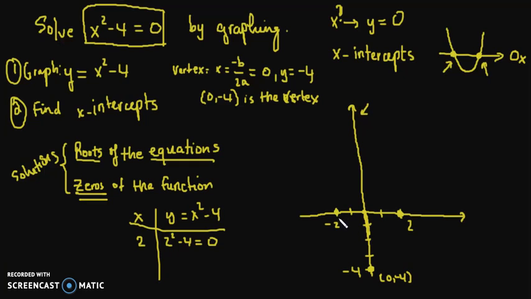Graphing this, I see that negative 2 and 2 are the two x-intercepts for this quadratic graph, and I can conclude that the zeros of the function are negative 2 and 2. In other words, the solutions of this equation are negative 2 and 2.